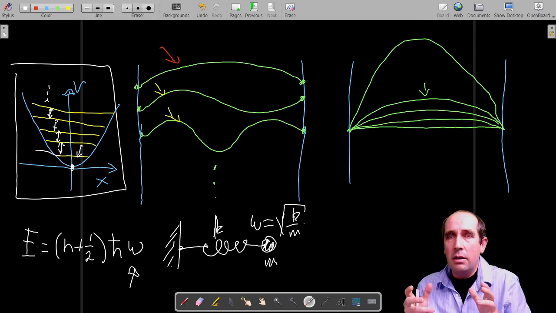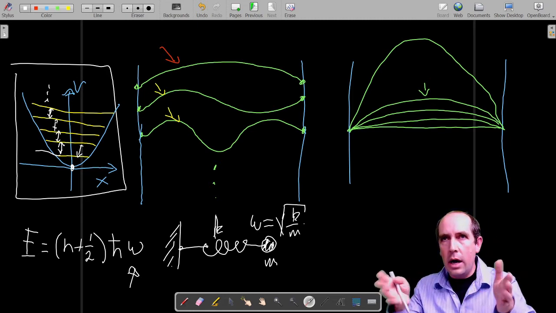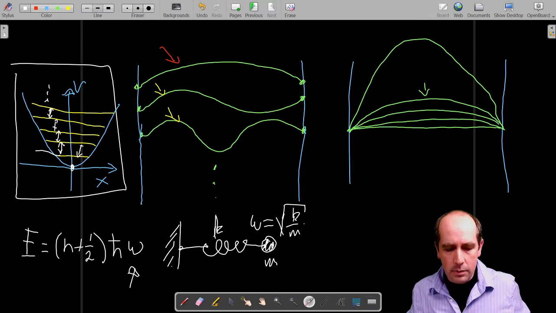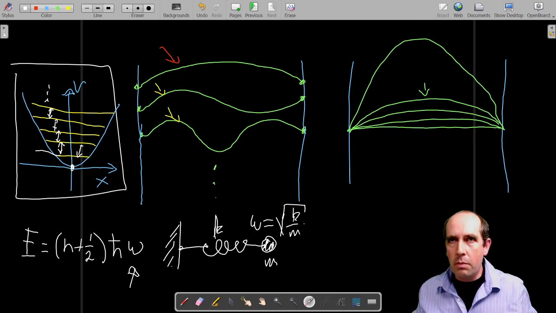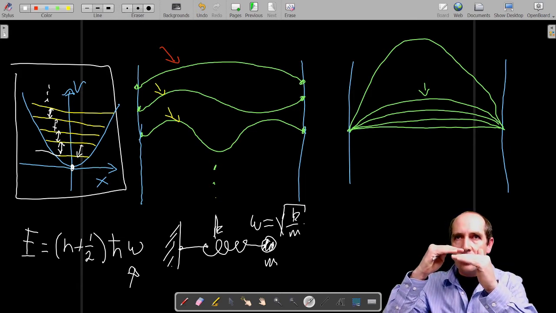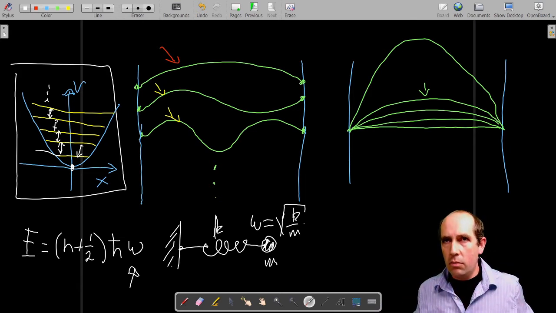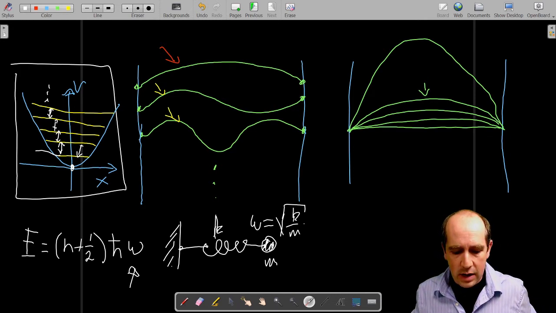The thing is that when you do the math for a macroscopic mass, let's say 1 kilogram, and a K that is also macroscopic for a macroscopic spring, what you find is that these levels are so close to each other in terms of everyday energies that we cannot see the separation of levels, and it looks like a continuum, but actually only a collection of energies are allowed.